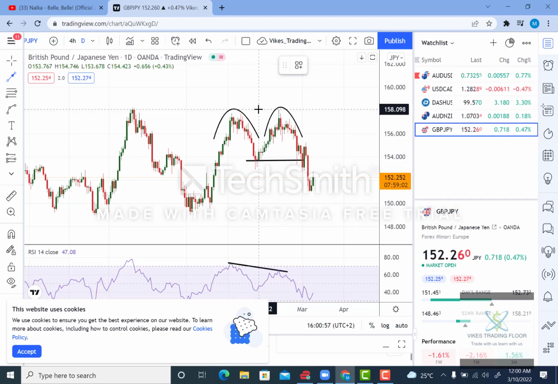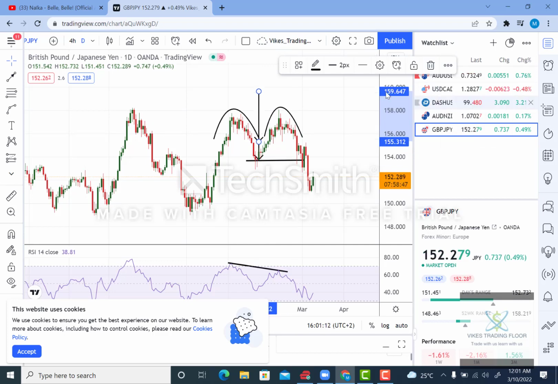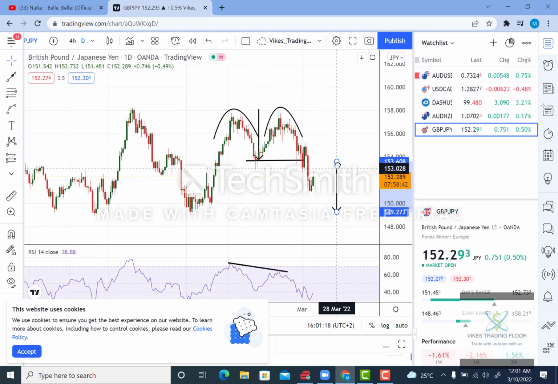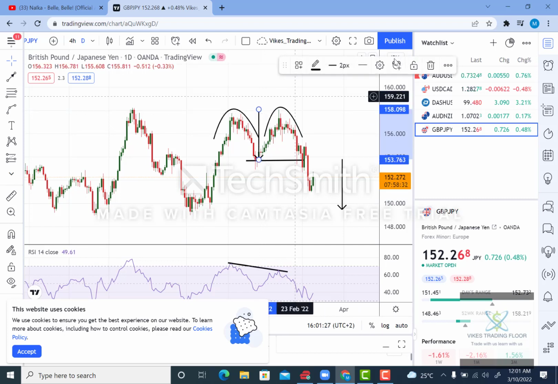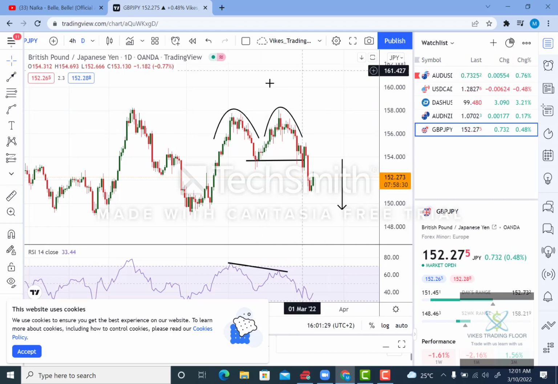Theoretically, the move from the highest point of the M pattern to the neckline is exactly equal to the move that will take place after the retest, to the take profit. The retest should happen somewhere around the neckline. So now we're going to look for possible areas where we can take our position.